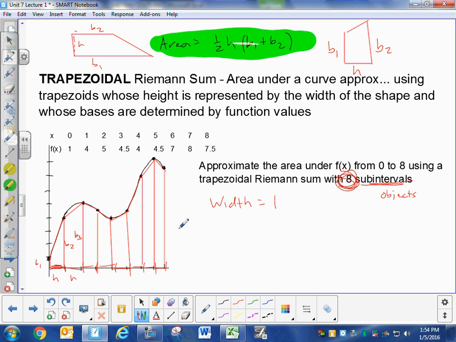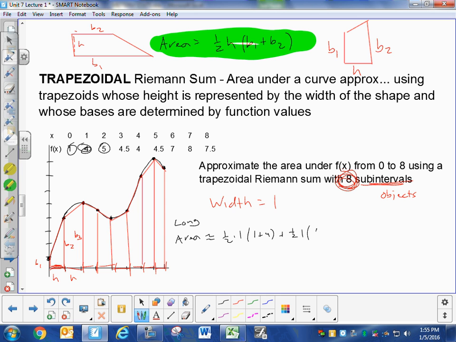Now, I'm not going to write them all down because it's the long way, but I'll show you what it would look like. The area would be approximately 1/2 my height, which is my width or my delta x, B1 plus B2. Well, the first height is 1, the second height is 4. Now, for the second trapezoid, it'd be 1/2 1. I would use the second height and the third height.